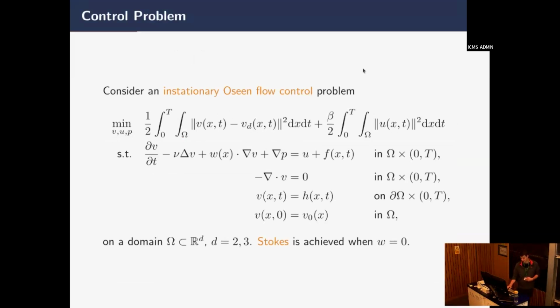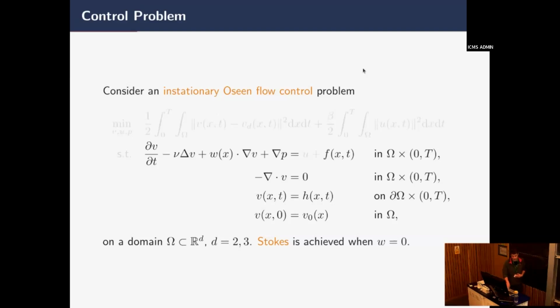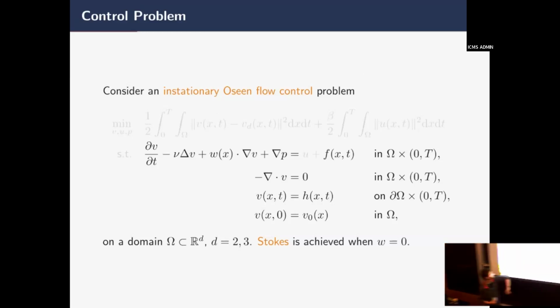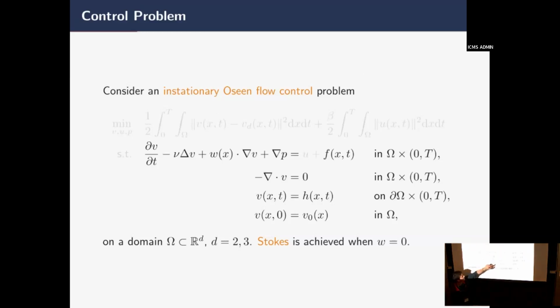It is called the instationary Oseen flow control problem because the constraint is the equation for the Oseen flow. So we have a time derivative, some diffusion, some convection, then pressure, and then this incompressibility condition. Plus some Dirichlet boundary conditions are assumed, and of course we need some initial conditions.